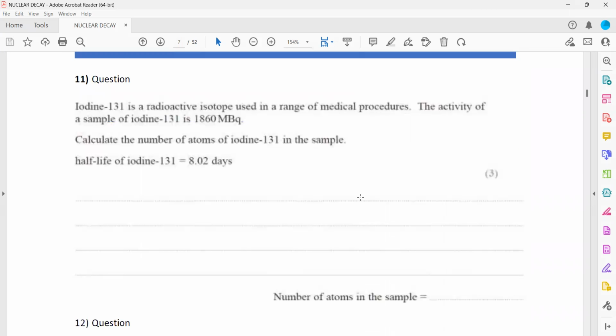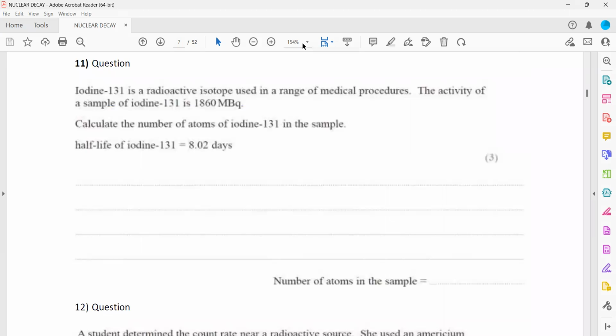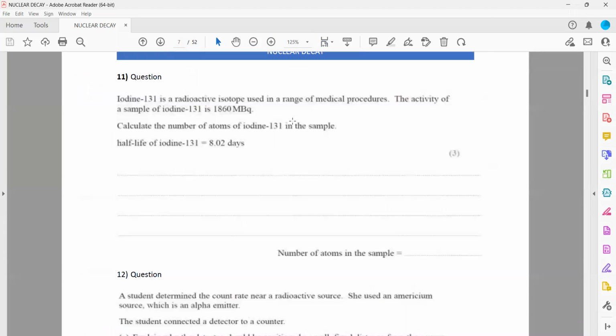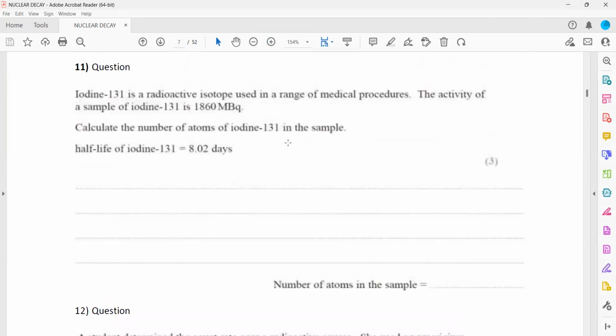The next question: iodine 131 is a radioactive isotope used in a range of medical procedures. The activity of a sample of iodine 131 is 1860 megabecquerel. Calculate the number of atoms of iodine 131 in the sample.